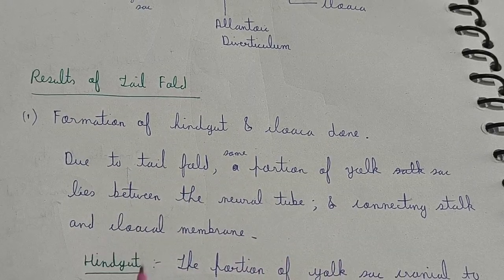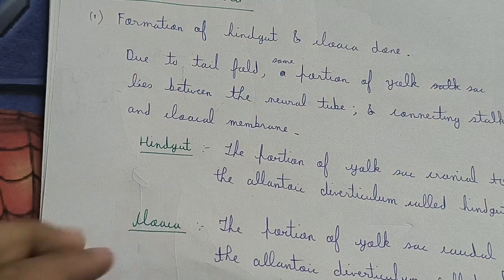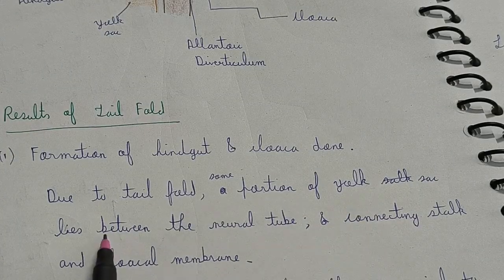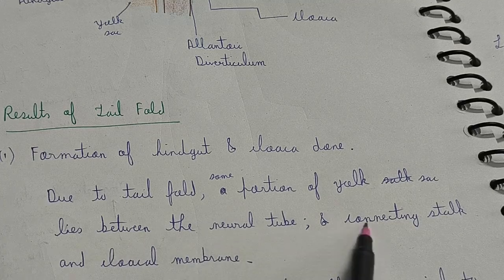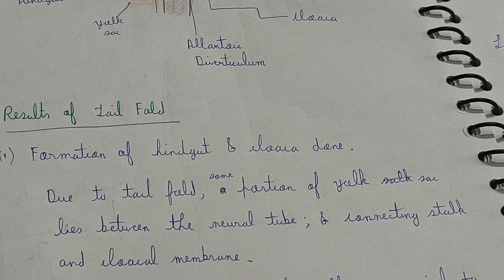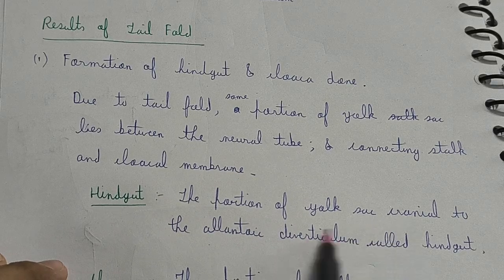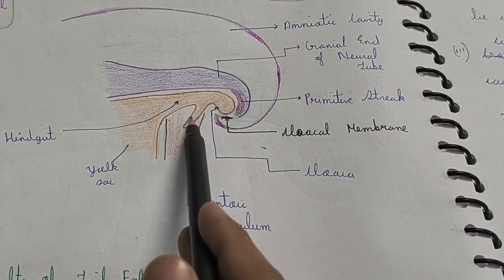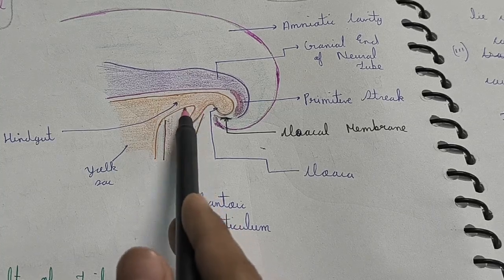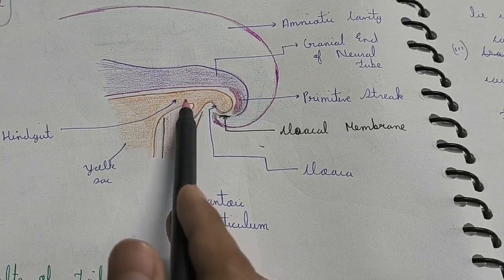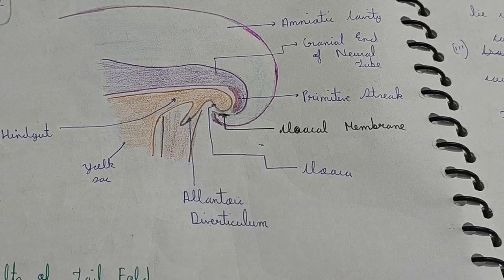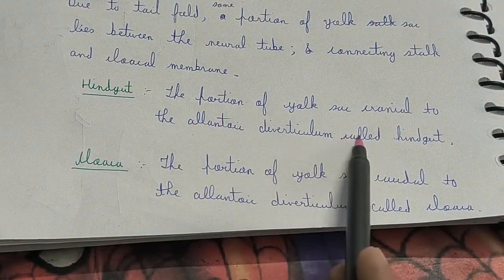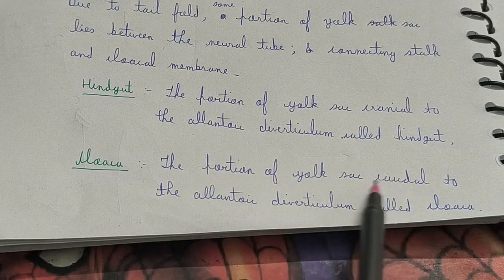Due to the tail fold, some portion of the yolk sac lies between the neural tube, connecting stalk and cloacal membrane, and the portion of yolk sac cranial to the allantoic diverticulum is called the hindgut, and the portion caudal to the allantoic diverticulum is the cloaca.